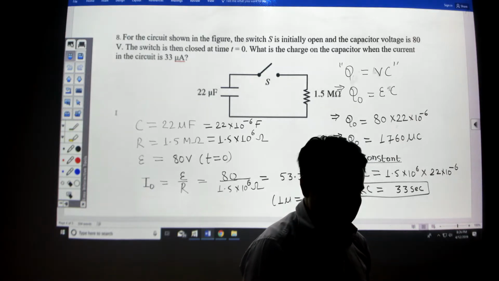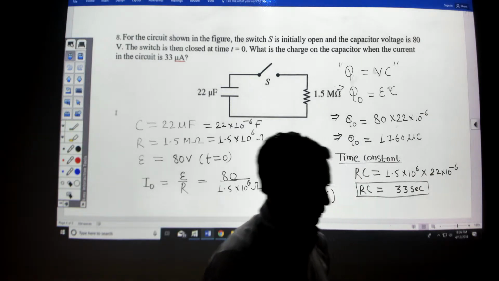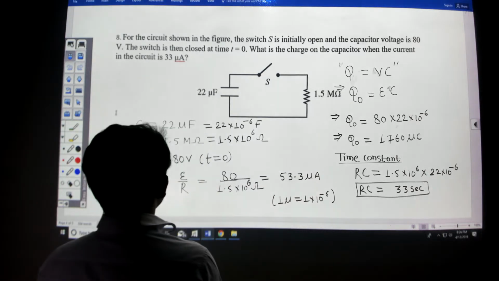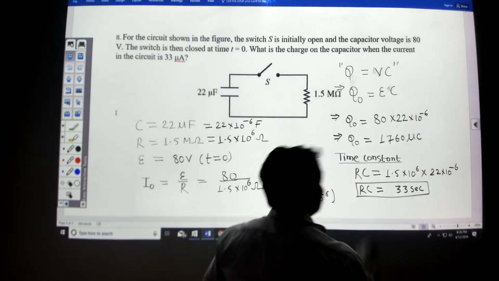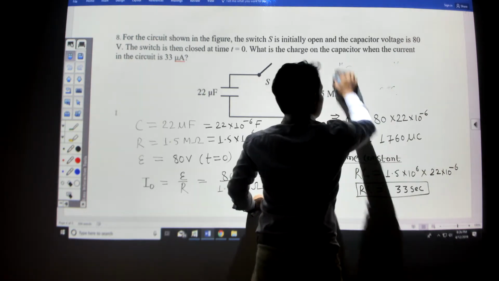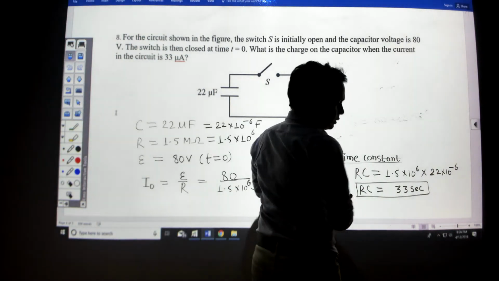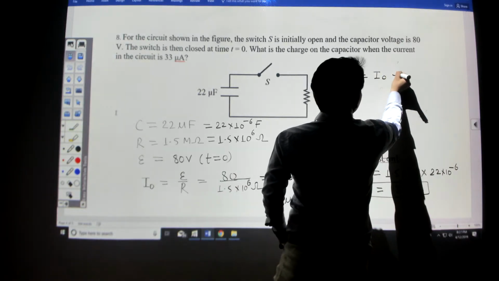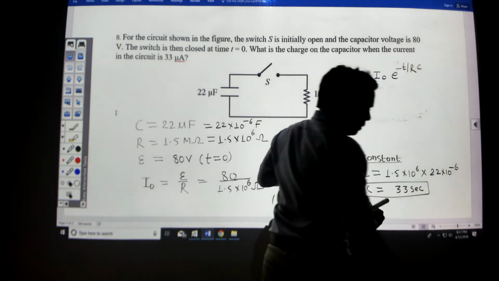So now let's first find out how long it takes to reduce the current in the circuit to 33 microampere. I'll have to erase certain things. Let me erase this side here. Okay, let's start from here now. So the current at any point of time in the circuit is given by e to the power minus t over RC.